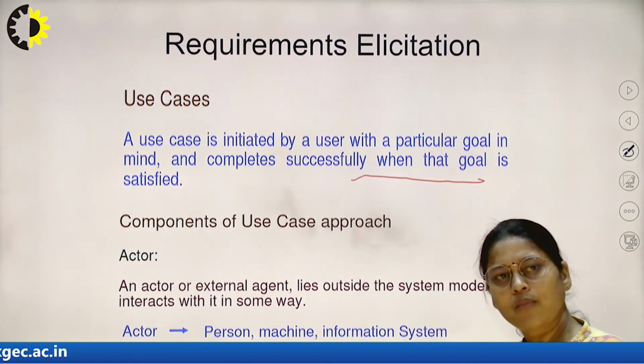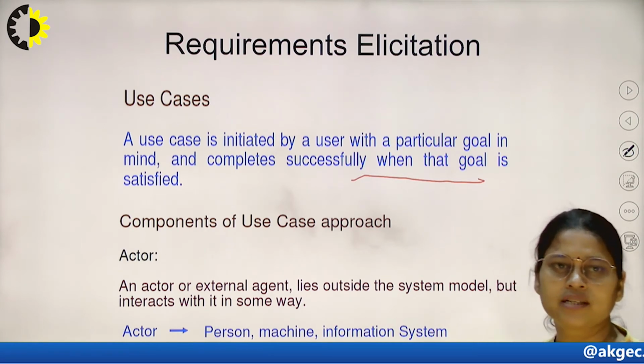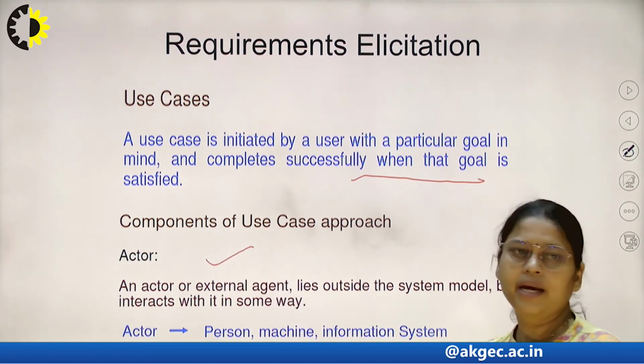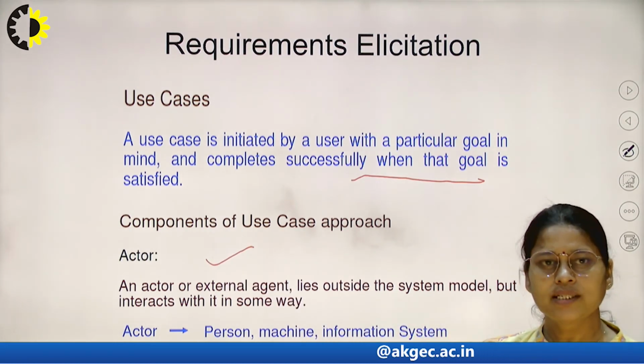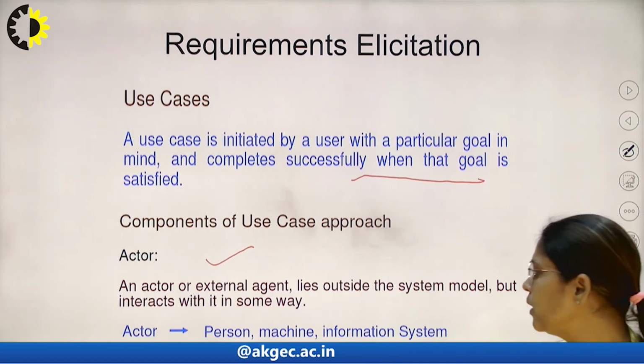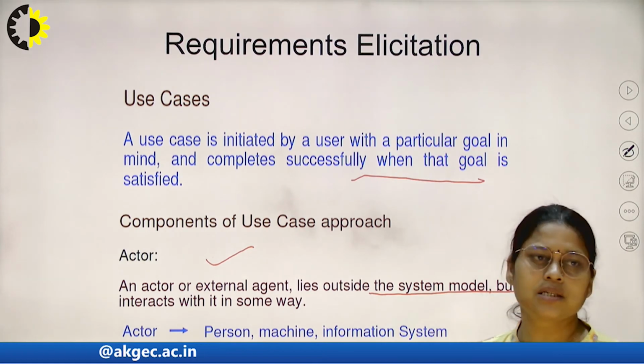These are the various components of a use case diagram which we use at the time of designing it. One, we have to take the actor. So who is an actor? An actor is any user or any external agent that lies outside the system model and interfaces with it in some way.